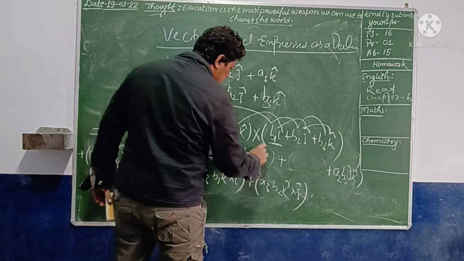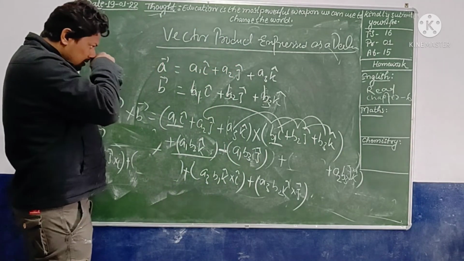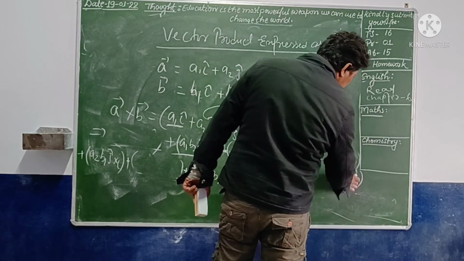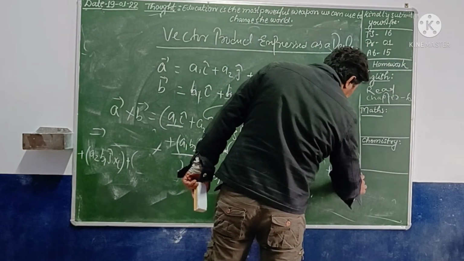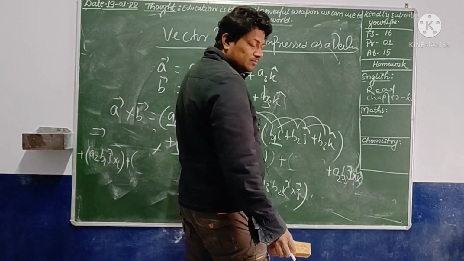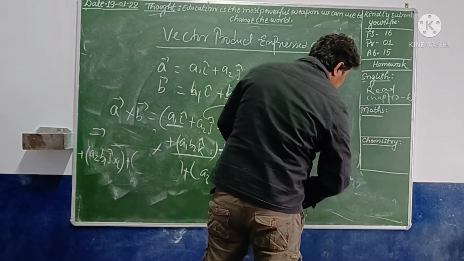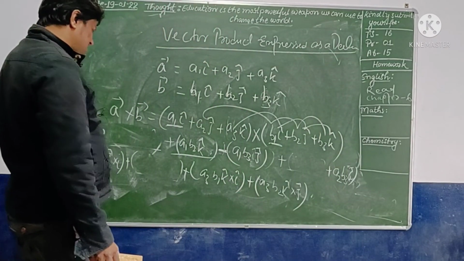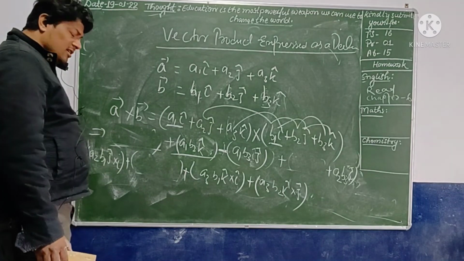Minus, again A2 B3 J cap cross K cap, what? J cap K cap gives I cap. Now what do we have to write here?